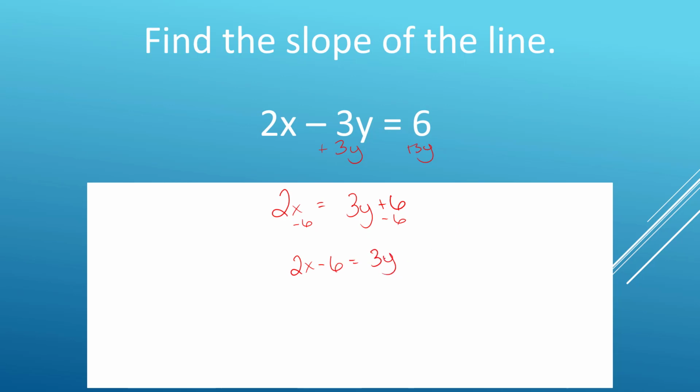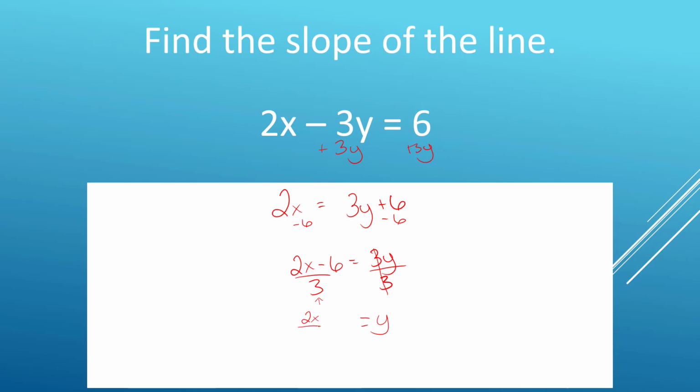And we still want to get y all by itself by dividing. Now, it's been a while since you guys have divided fractions this way, but we can divide both sides by 3, and this is going to simplify out, and y is going to be equal to, but let's simplify this a little bit, because I really want to know what the slope is. Anytime you have an expression in the numerator, you can separate that expression as long as you put a common denominator underneath each term.